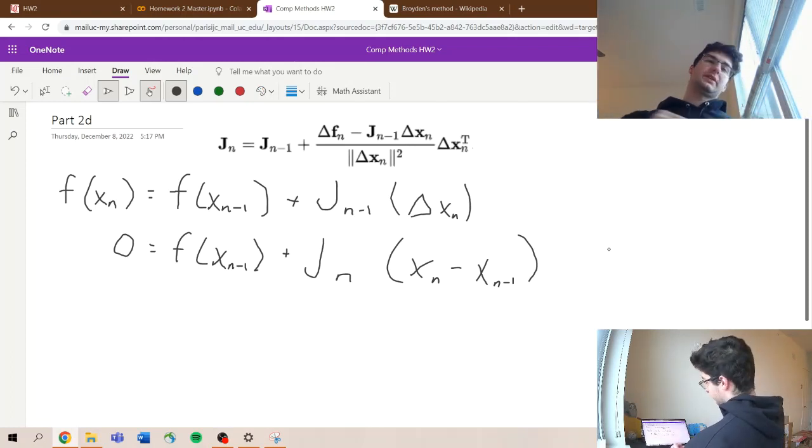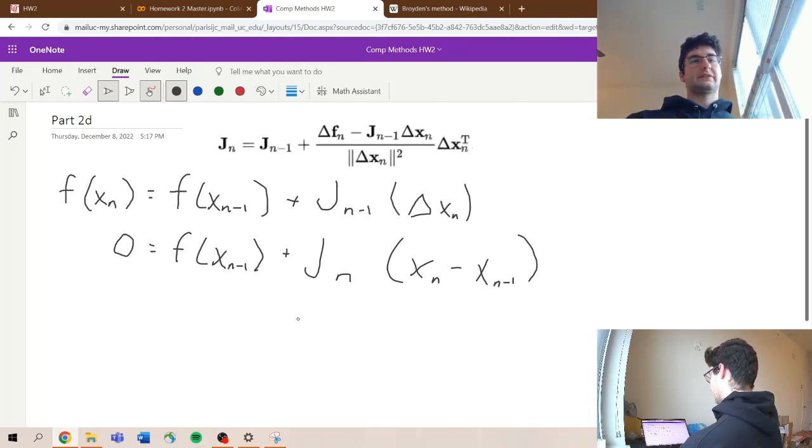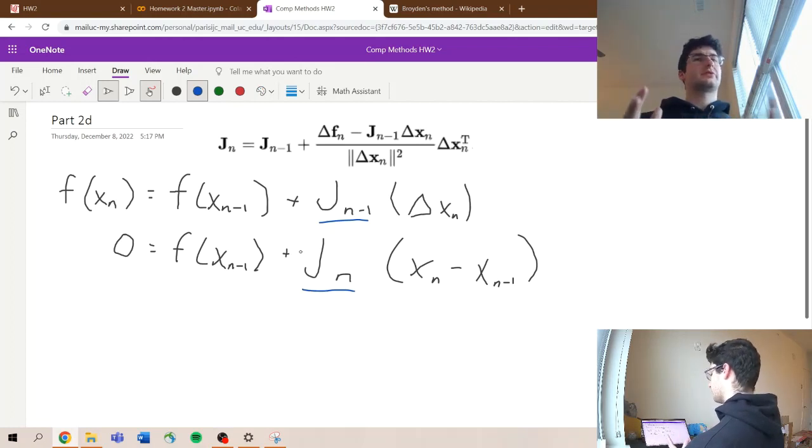We don't have to worry about Broyden's method, and we don't have to worry about Jacobian approximation. But if we want to do this without having to compute the Jacobian over and over, or if we don't know the Jacobian, then we have to approximate these two numbers. And when we approximate them, we're going to be wrong to some degree. We're going to have some sort of error, and this whole equation does not equal 0.